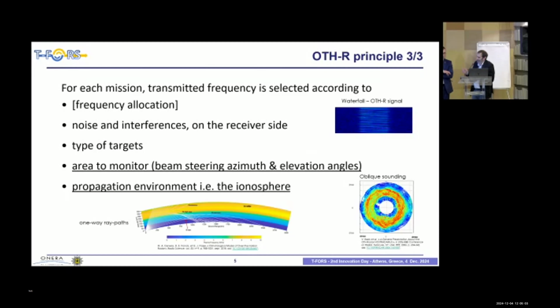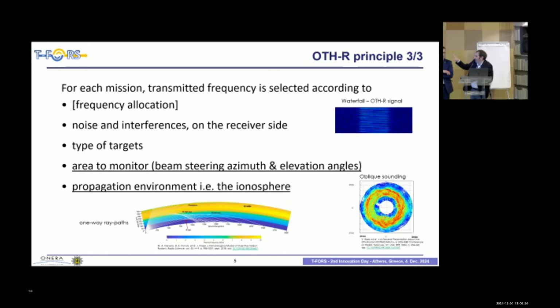Of course, a mission is defined by the area to monitor. So in terms of beam steering, azimuth and elevation angles, this last part depends on the propagation environment status.